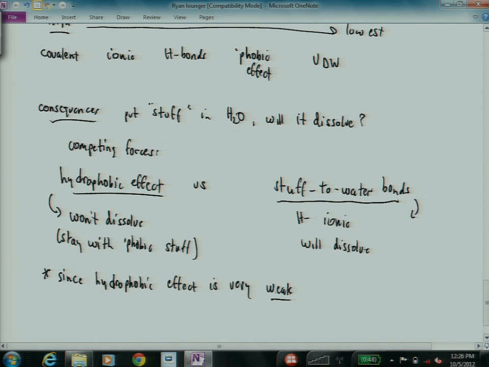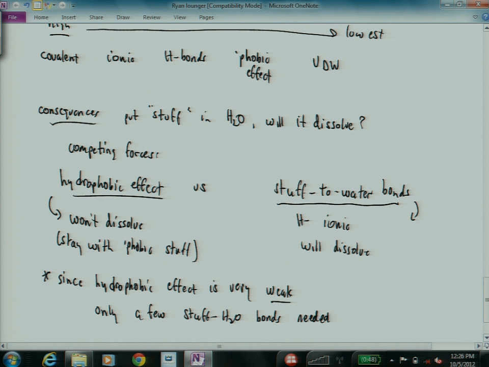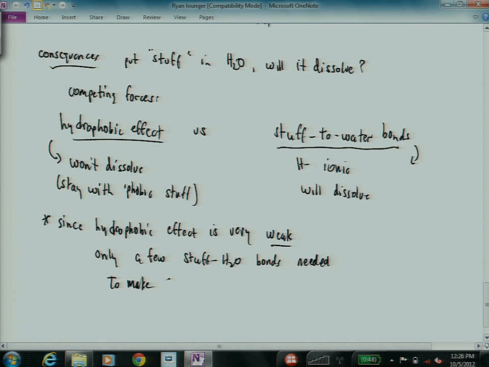Only a few stuff-to-water bonds are needed to make the stuff dissolve in the water.